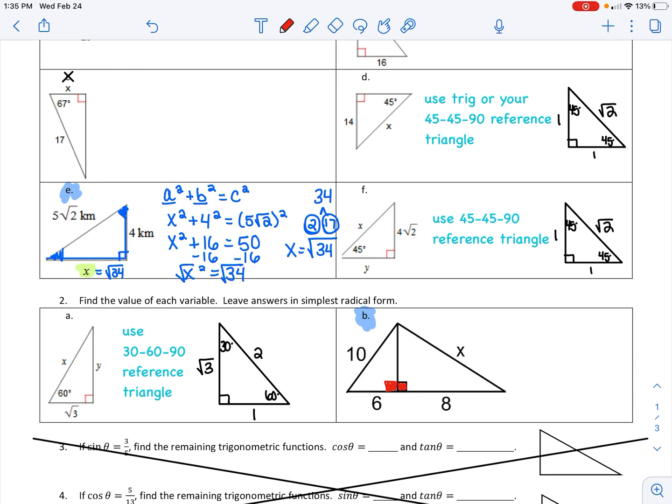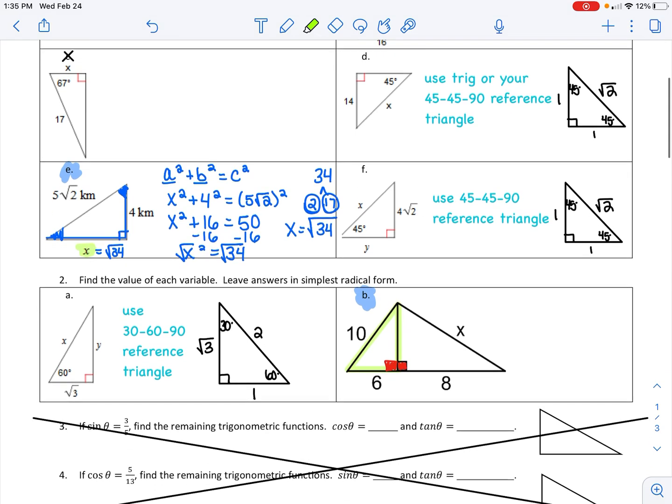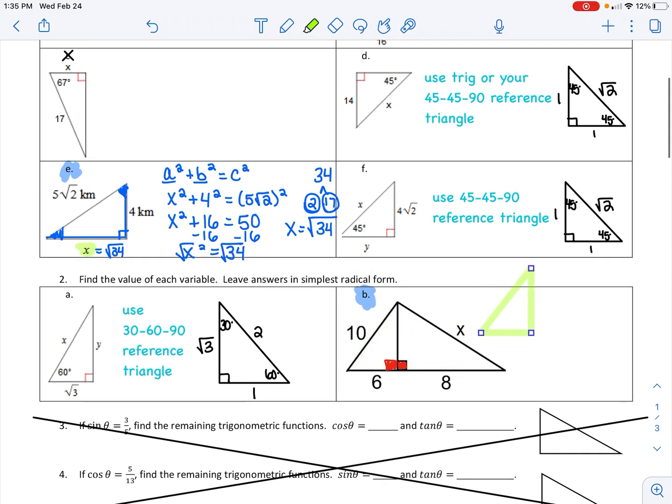So if we have a right triangle on this side, we have 2 sides of that triangle. I'm going to pull that triangle out, and I'm going to say that we have 6 and 10 as our sides. We need to find that middle side because that is going to help us find x. So I'm going to find that y. I'm just going to name it y.